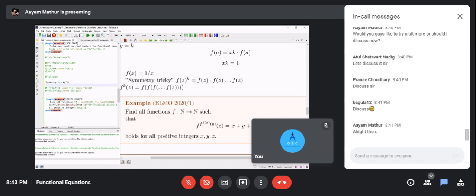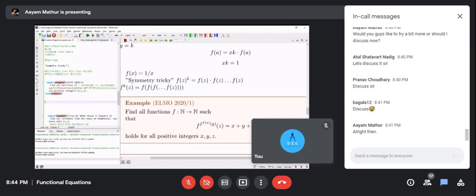Like if you replace z by f(z), then you get, I'm just going to copy this real quick. Right, so if you replace z by f of z, first off you get this, and also if you just take off the f of the entire thing, you get this.